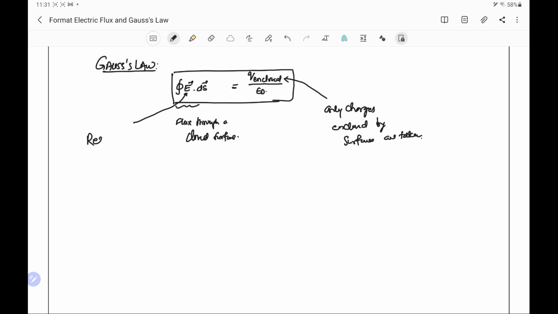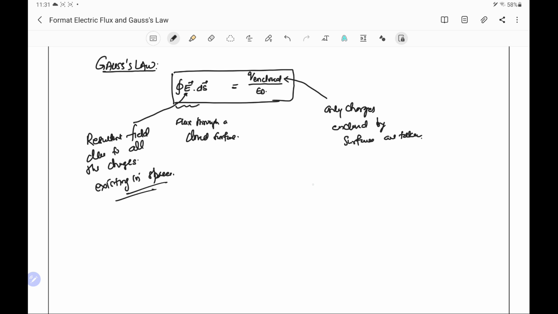This is the resultant field due to all the charges existing in space. This thing we have to remember that in the expression of Gauss law, E is the resultant field due to all the charges in the space.